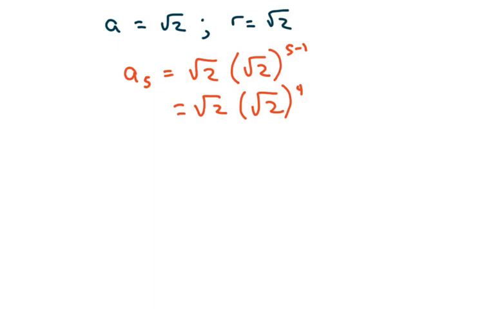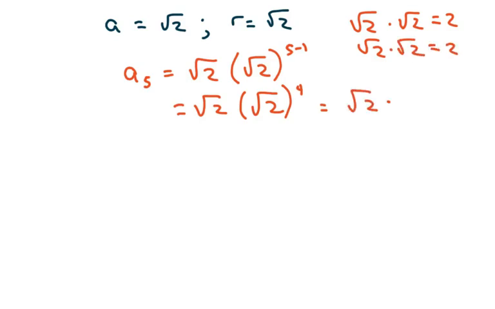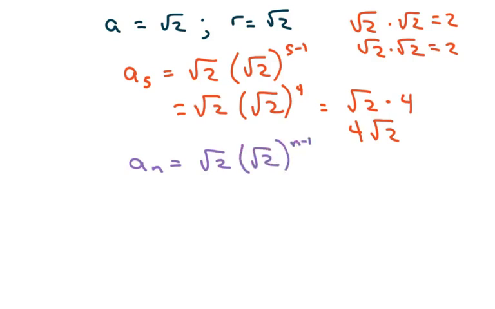So when you square root this, square root of 2 times square root of 2 is 2, and we have 4 of those, so you do it again and you get another 2, so that's going to be square root of 2 times 4, which is better written as 4 square root of 2. And then for your nth term, that's going to be square root of 2 times the square root of 2 to the n minus 1.